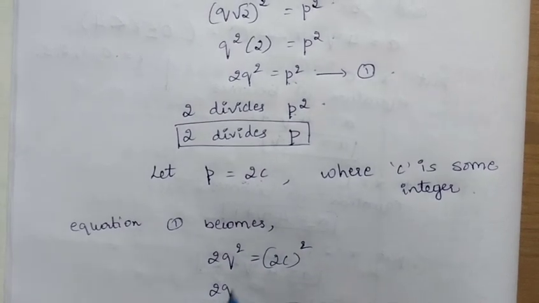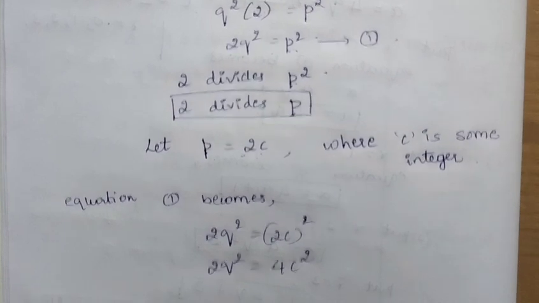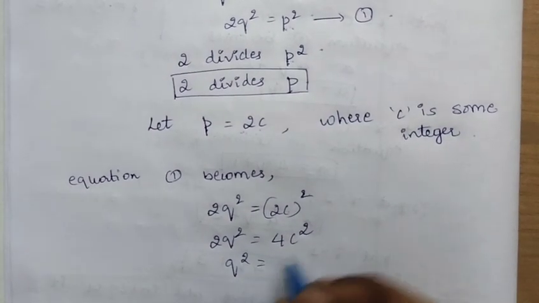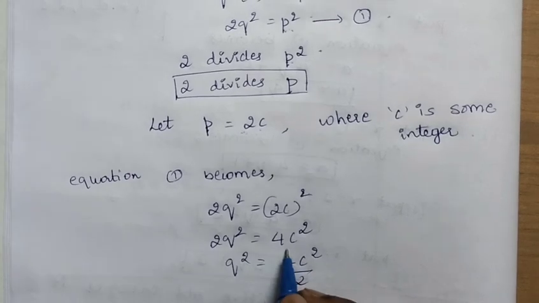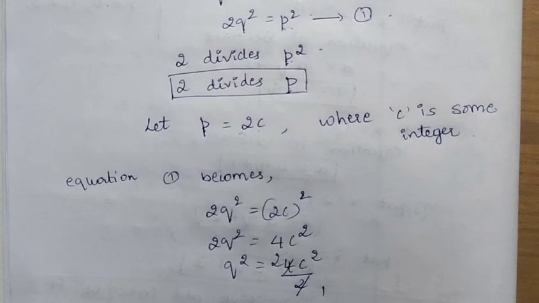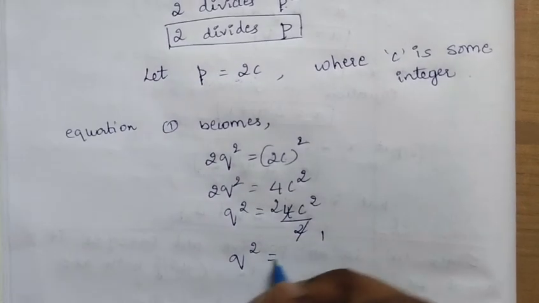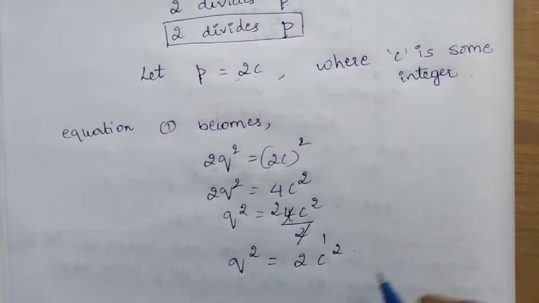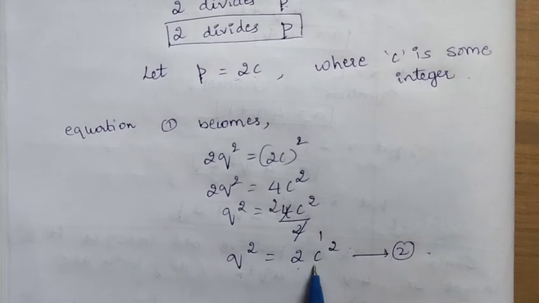Now 2q square is equal to 2 square is 4, c square. q square is equal to 4c square divided by 2. I have sent this 2 to the right hand side. After simplification, 2 ones are 2, 2 twos are 4 by 2, I get q square is equal to 2c square. This is my equation 2.